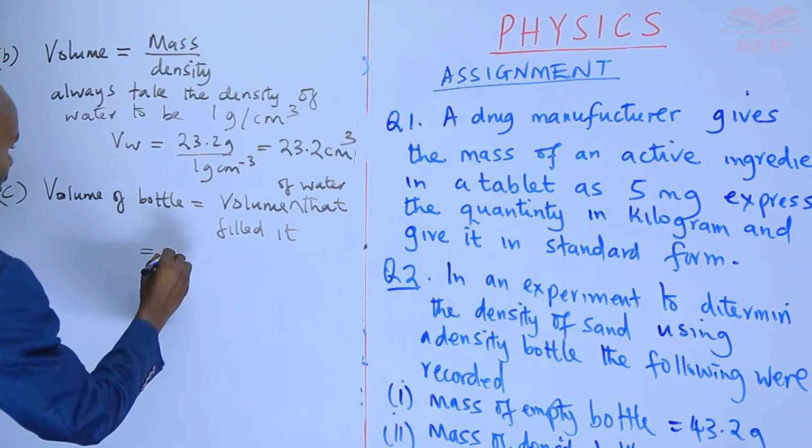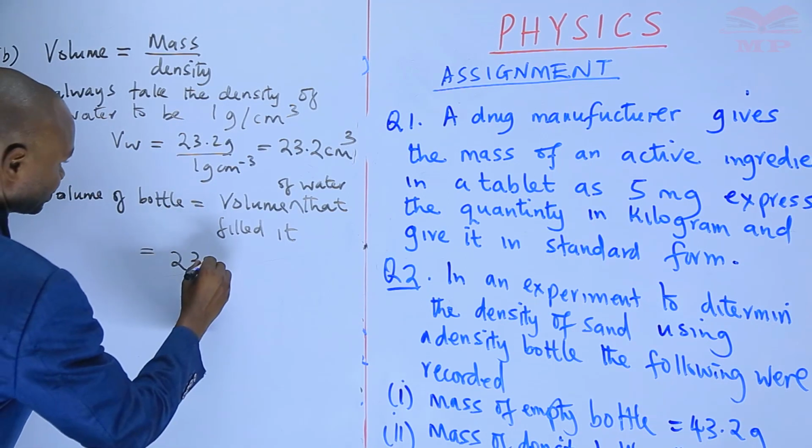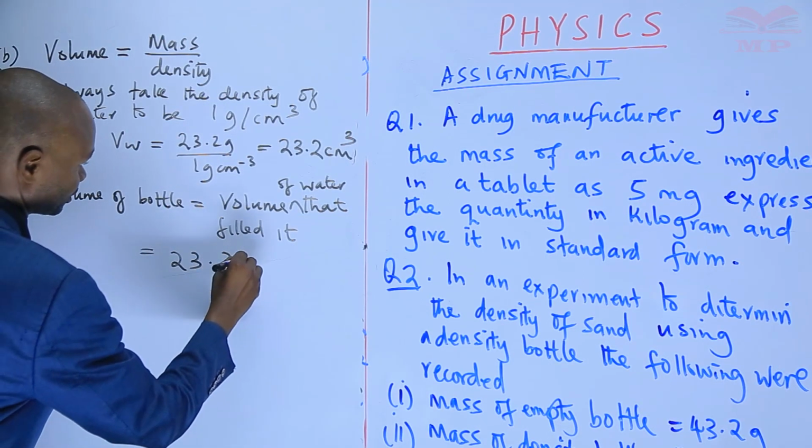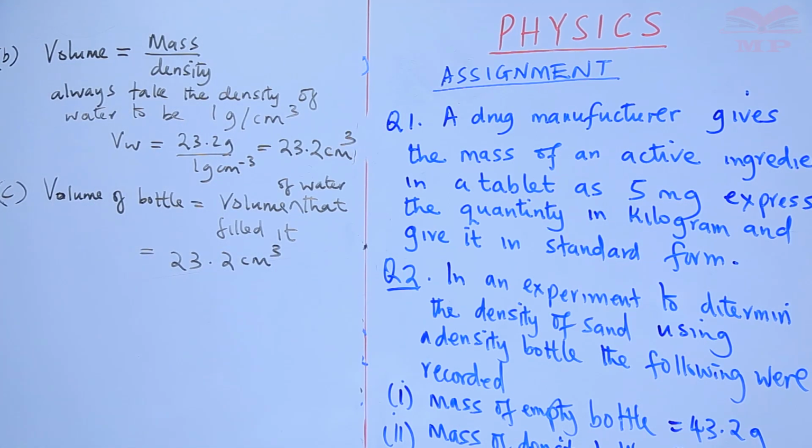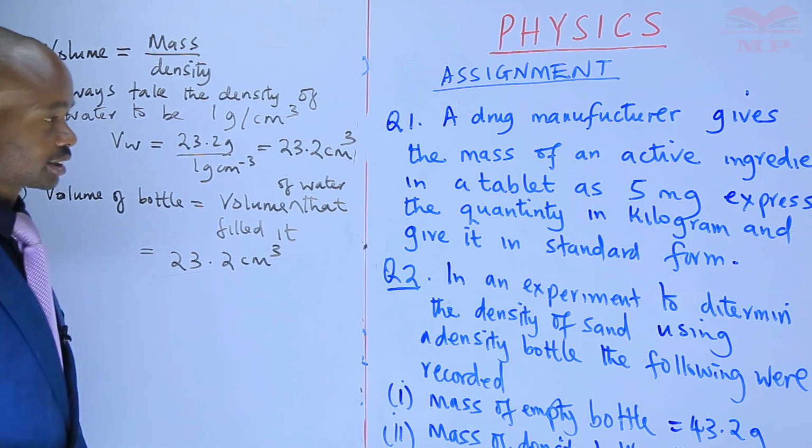This is given as 23.2 centimeters cubed. That will still be the volume of the density bottle.